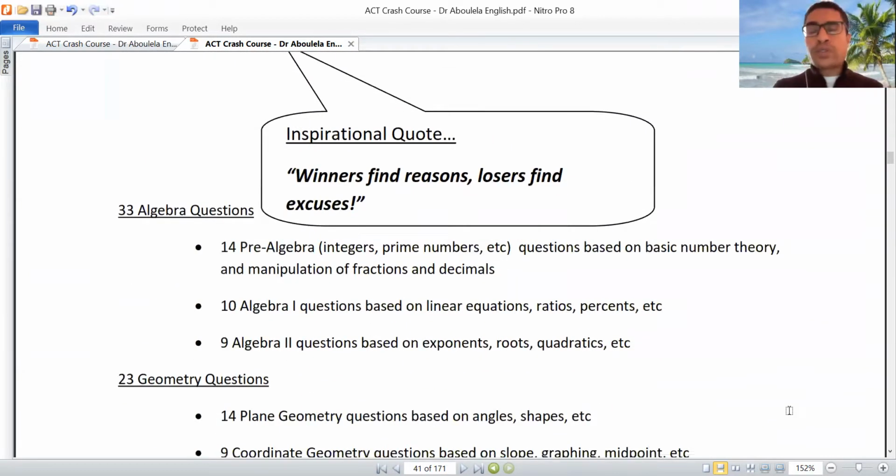Most importantly, this is a disclaimer that this is a crash course, to give you an idea about the ins and outs of the exam. But in order to better understand the nuts and bolts of each test on the ACT exam, it's very important to use material that covers these topics in more detail.